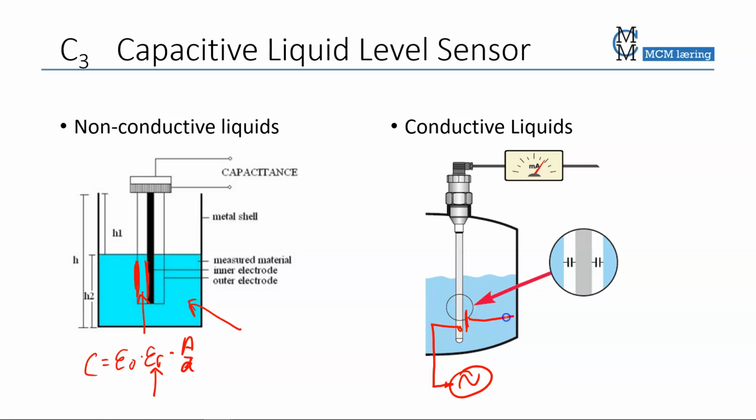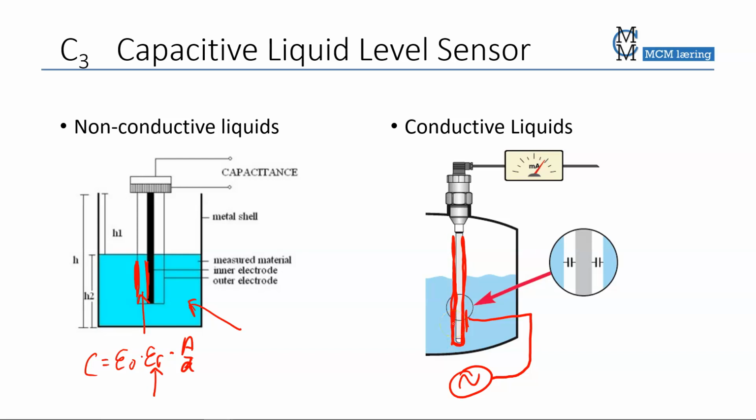So you can actually say that one area is the salt water pushing against the rod. So in order to make a capacitor, you actually need to isolate your center rod here with an insulator. For example, cover it in plastic.